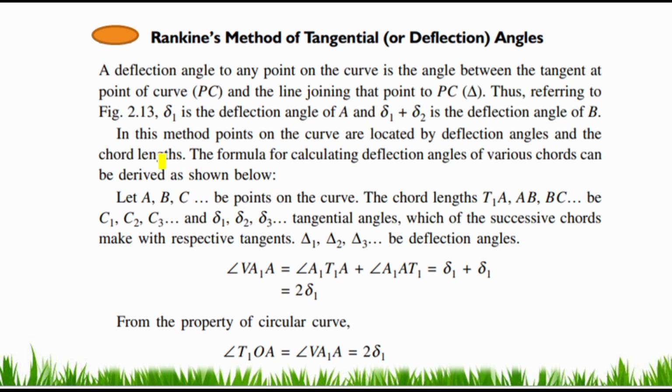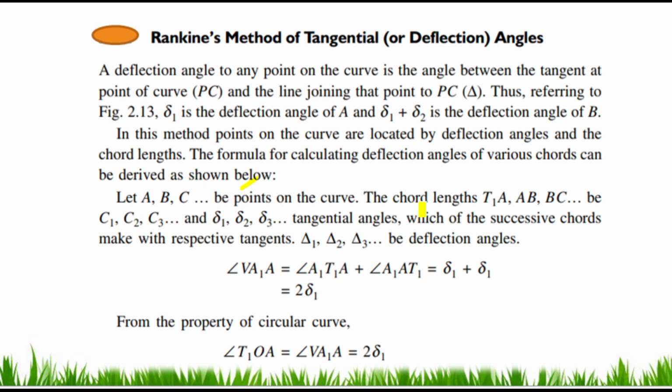From this point I'm just going ahead to describe a little bit, but the concepts are the same. Rankine's method or the deflection angle is the same as the method of the chord produced, but the formulas are a little bit different.